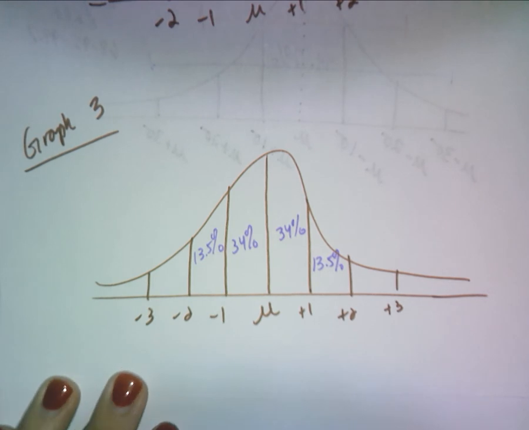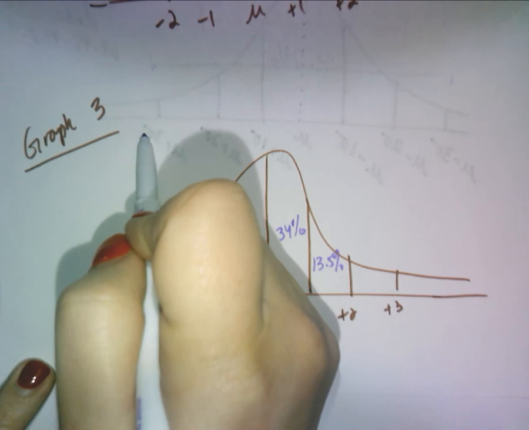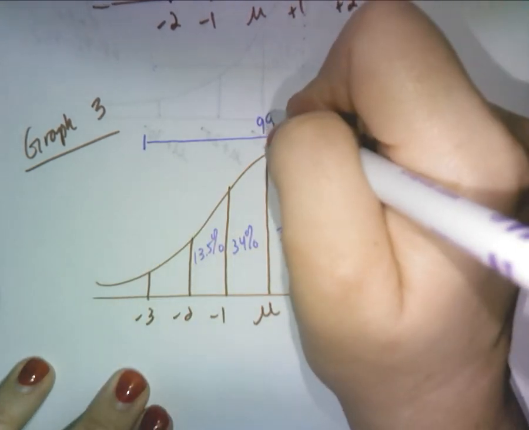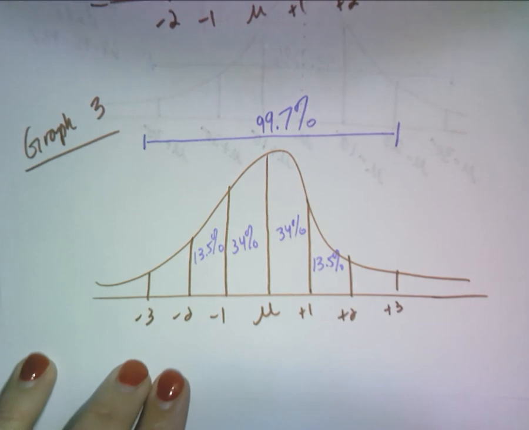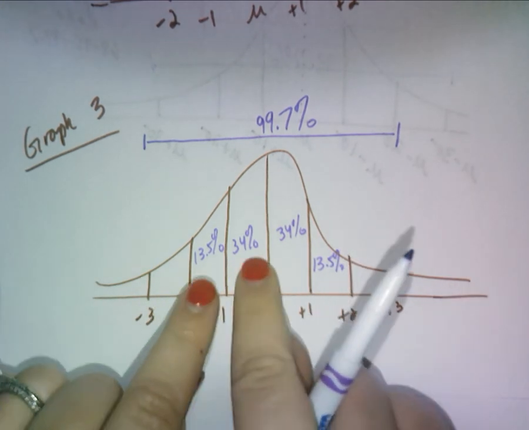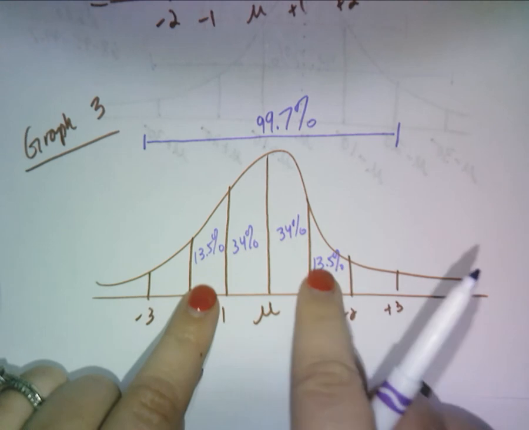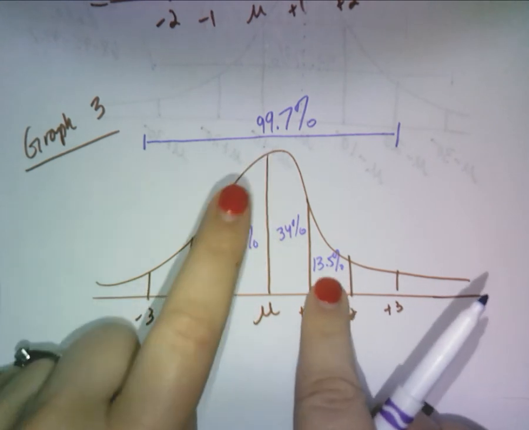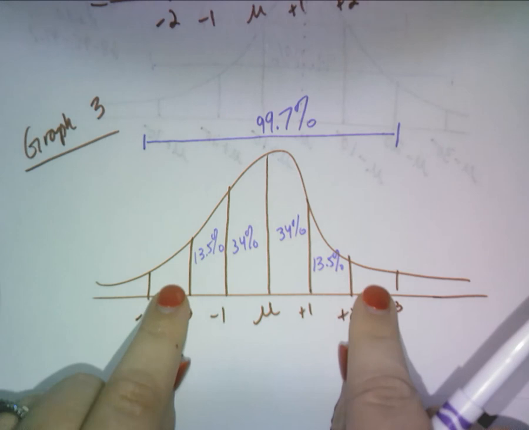It goes to the next line. At 3 standard deviations away, you have covered 99.7% of your data, correct? How much do I have right now with just those 4 columns? 95. So how much is left for these two to be?